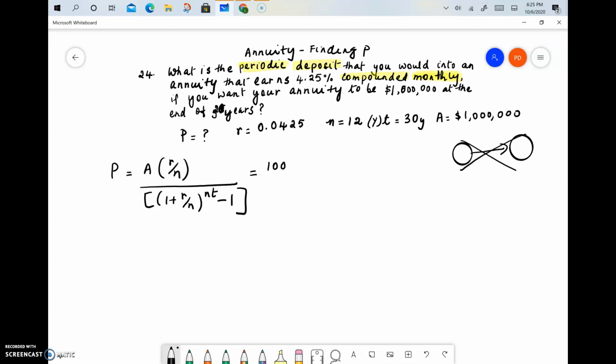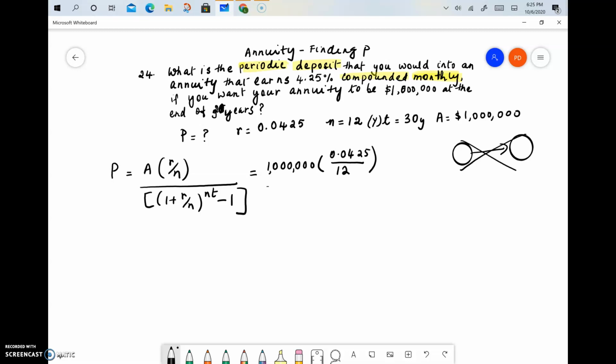So at the end of 30 years, we're going to collect $1 million. So that's A. That's the future value. R is 0.0425 divided by N, which is 12.